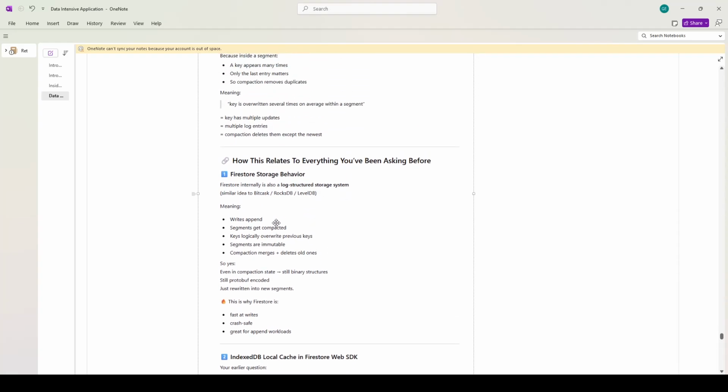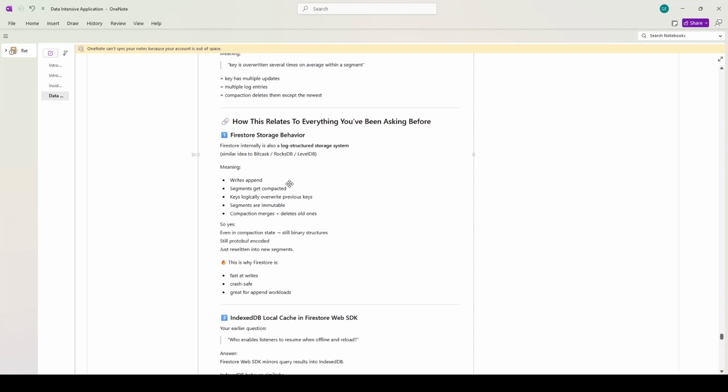Firestore storage, as before. Firestore internally is also a log-structured storage system, similar in idea to Bitcask, RocksDB, LevelDB, meaning writes append, segments get compacted, keys logically override previous keys, segments are immutable, compaction merges plus deletes old ones.